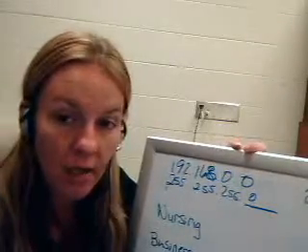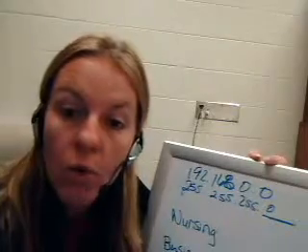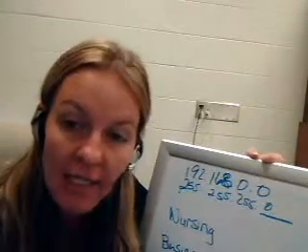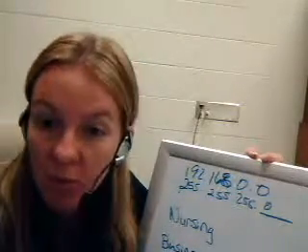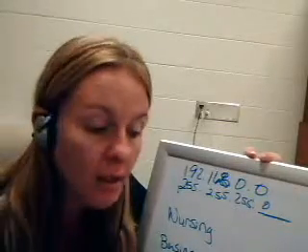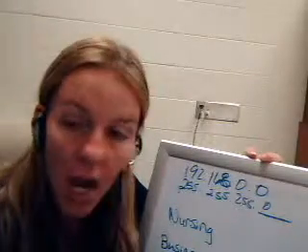So we have nursing that needs 120. Well, we only have 1, 2, 4, 8, 16, 32, 64, 128 to work with. Those are our bit positions. We're working in powers of 2. So for 120, our next available address space is 128.